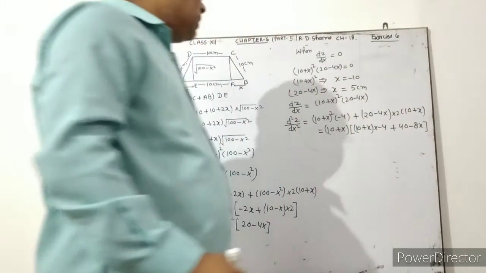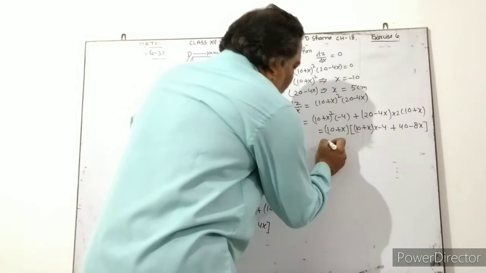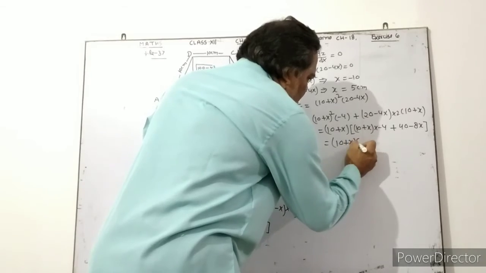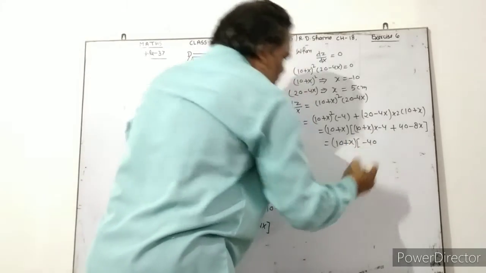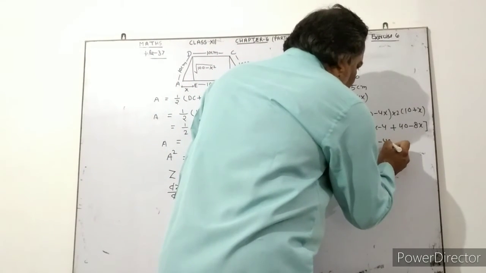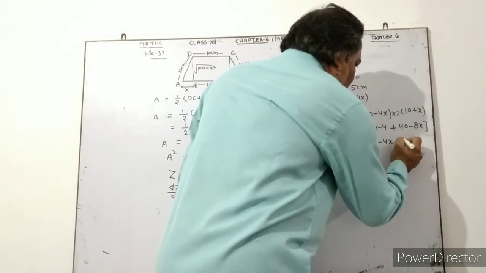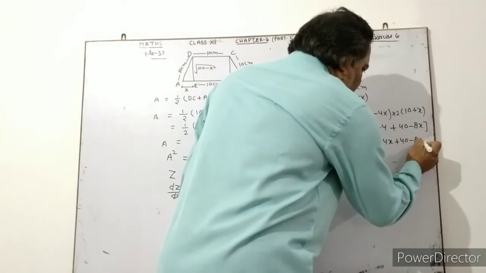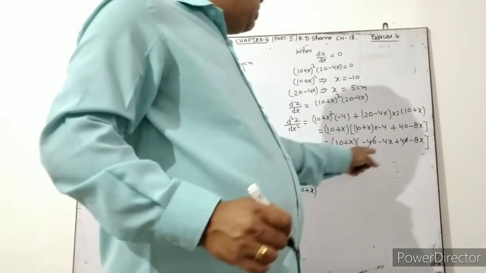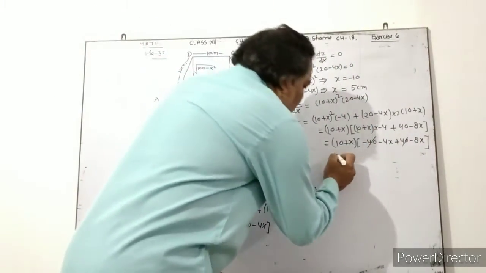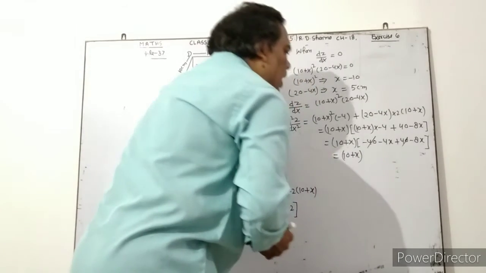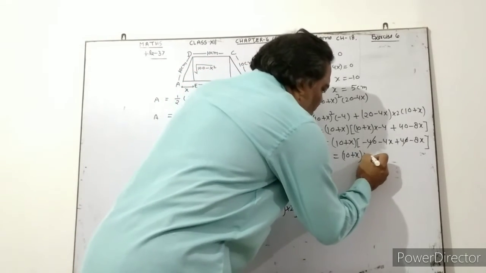Now again 10 plus x, this is the minus 40 minus 4x plus 40 minus 8x. 40 and 40 are cancelled, and this is the minus 12x. Then 10 plus x, and this is the minus into minus 12x.